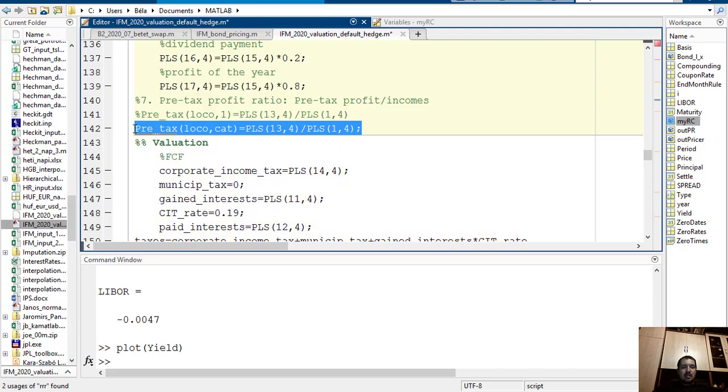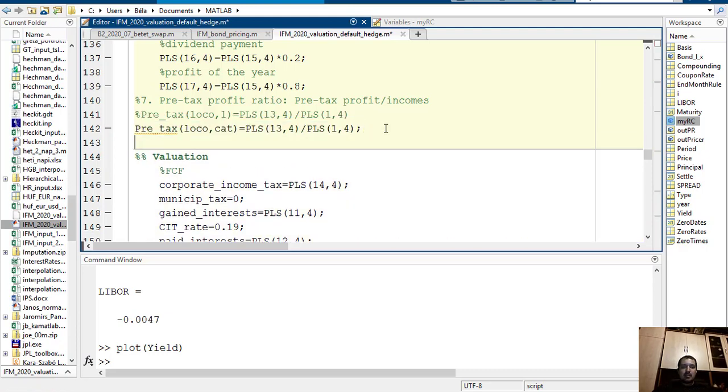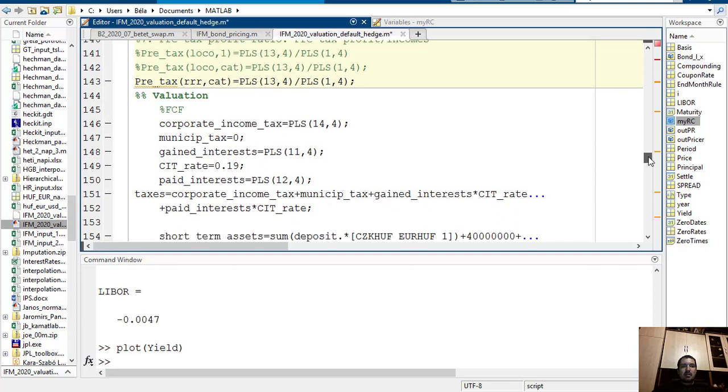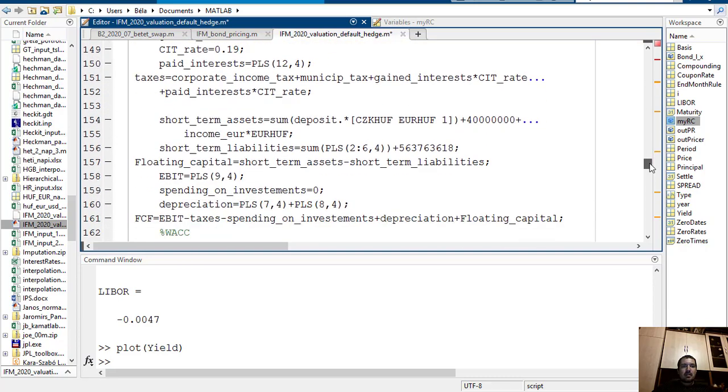So let's say that right now we know what to do, which locomotive to prefer, so this pre-tax profit will go to sleep. But we are keeping the cat, because we can still compare the different hedge scenarios.